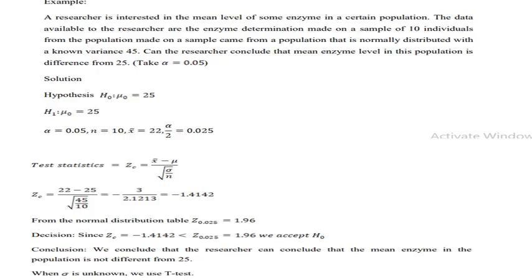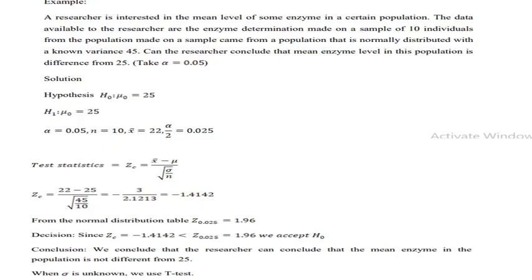So our H0 is mu naught equals 25, and our H1 is mu not equal to 25. Then our alpha, our level of significance, is 0.05. Our n here is 10, our x bar is 22, and our alpha over 2 is 0.05 divided by 2, which gives us 0.025.